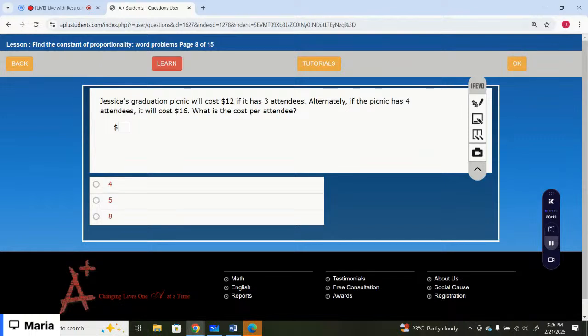Jessica's graduation picnic will cost $12 if it has 3 attendees. Alternatively, if the picnic has 4 attendees, it will cost $16.